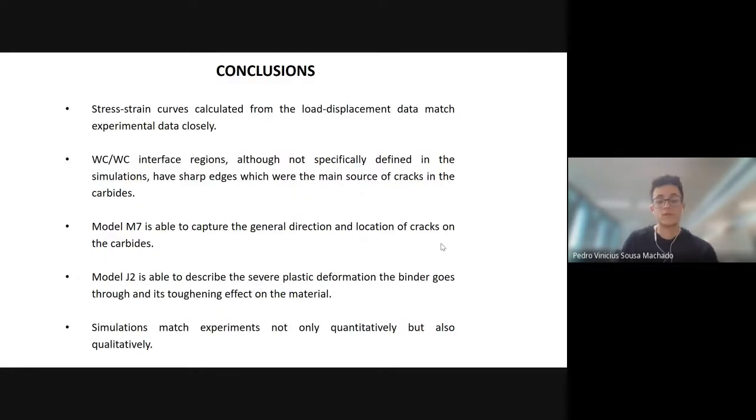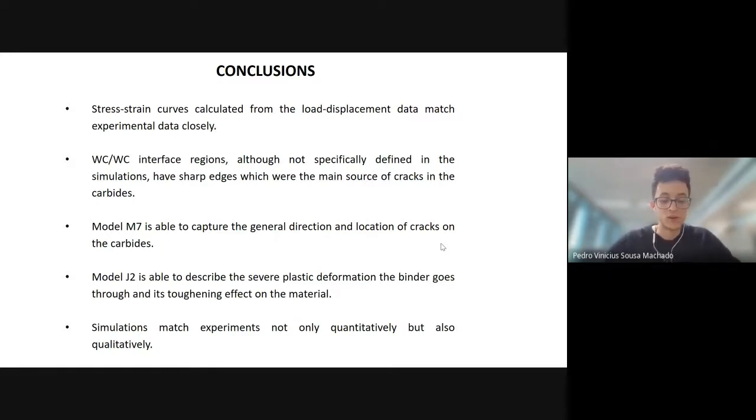As conclusions, I think the two main conclusions are that we could match the data quantitatively, but also, when we calibrated our constitutive models, the parameters of the models cannot be measured directly.